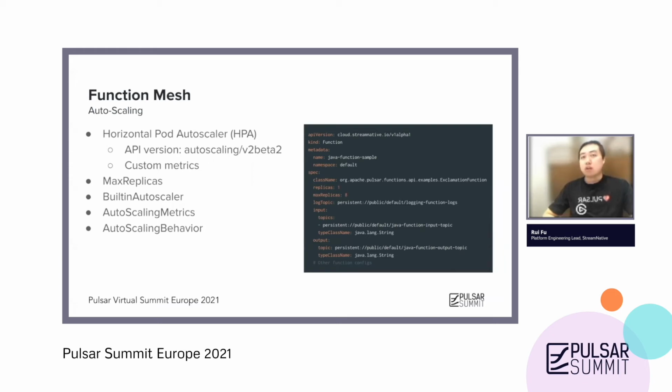Recently, we upgraded our auto-scaling support to API version v2beta2, which gives Function Mesh the ability to scale not only based on system resources like CPU, memory, or I/O, but also on metrics from the function or connector itself. Furthermore, it can customize the auto-scaling behaviors, and we have provided the related APIs to use with Function Mesh.